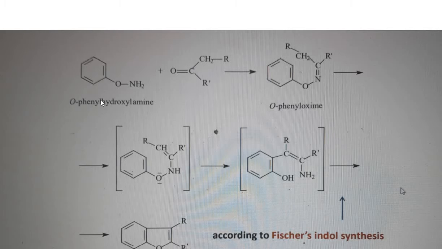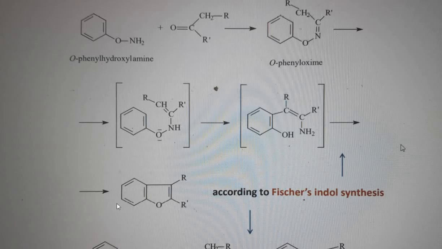Now again, starting from ortho-phenyl hydroxylamine, you have the keto group here. You will get this type of compound, ortho-phenyl oxime, and then this is unstable, again you will get this. So finally you will get the disubstituted benzofurans.